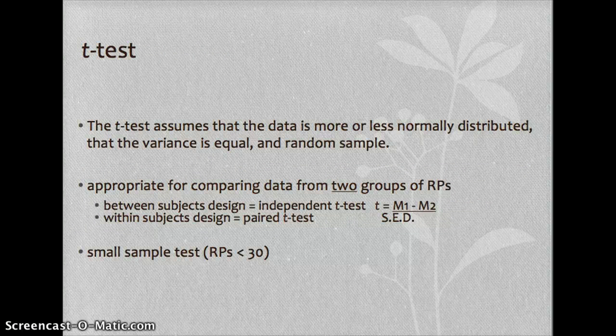Okay, so a t-test. A t-test assumes that the data is more or less normally distributed, that is, the variance is equal, and that you're pulling from a random sample. So if you pull from a random sample, then your two samples are normally distributed. So we do a t-test to compare data from two groups of research participants.